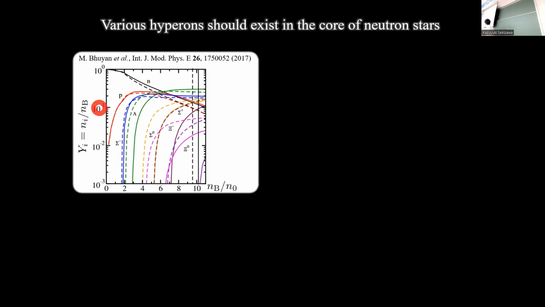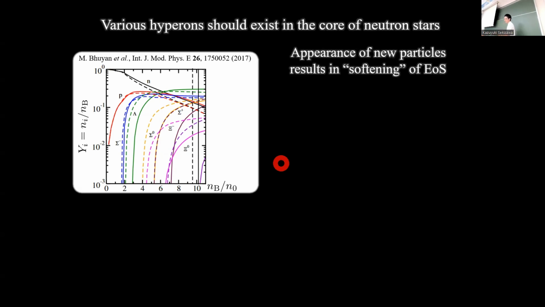In such a case, for this black line, the neutron fraction is almost 1. But we have some fraction of protons. Through the beta equilibrium condition and charge neutrality condition, we can determine those fractions. But around 2 times the saturation density, sigma minus, lambda, and sigma 0 and so on emerge according to this calculation.